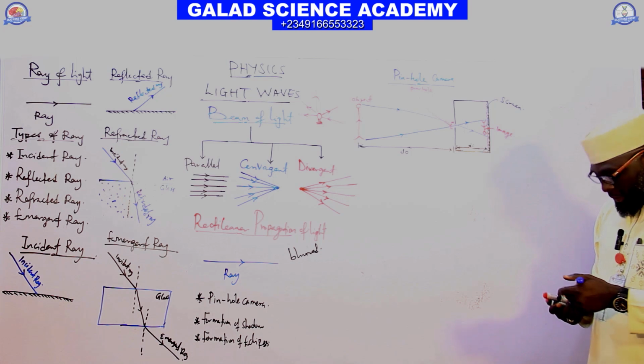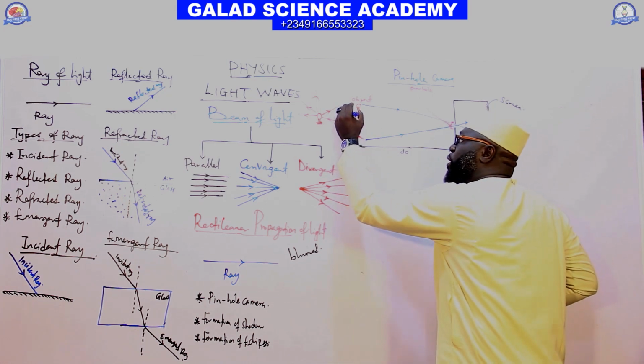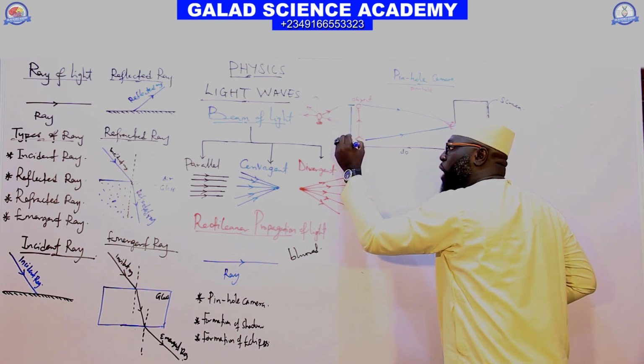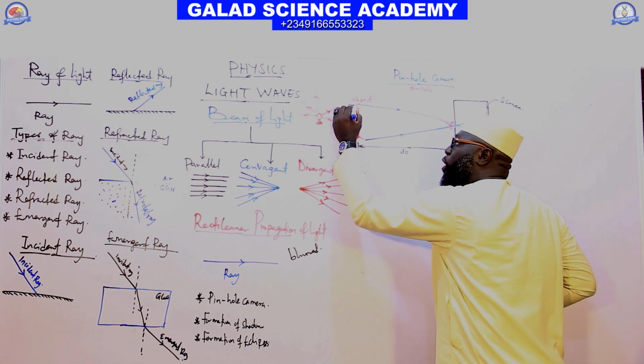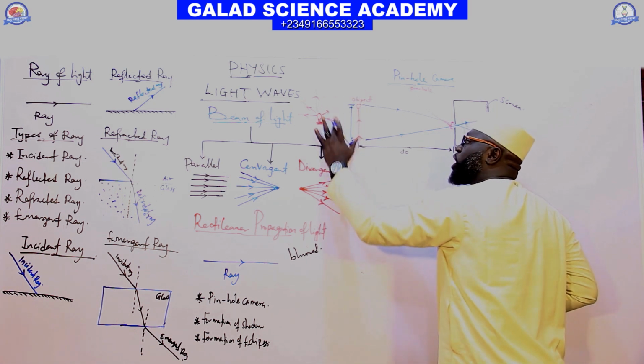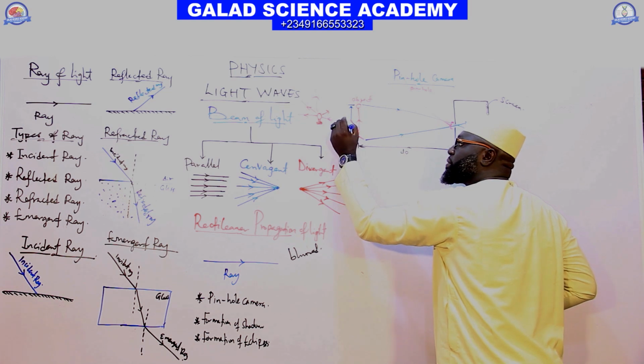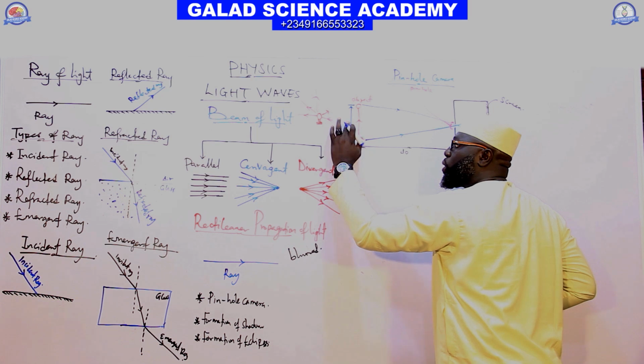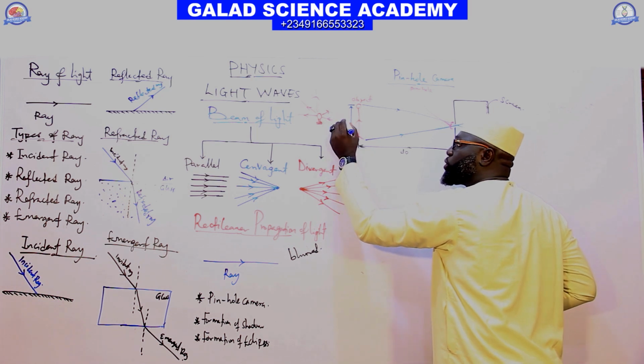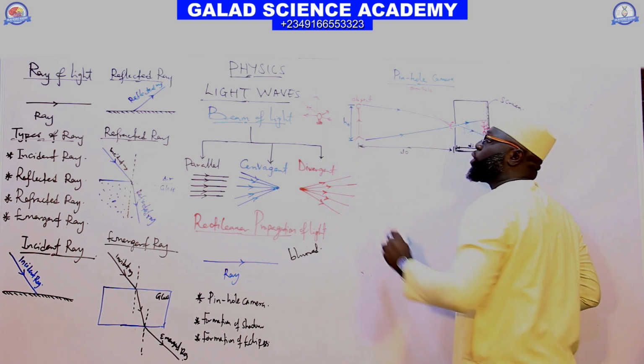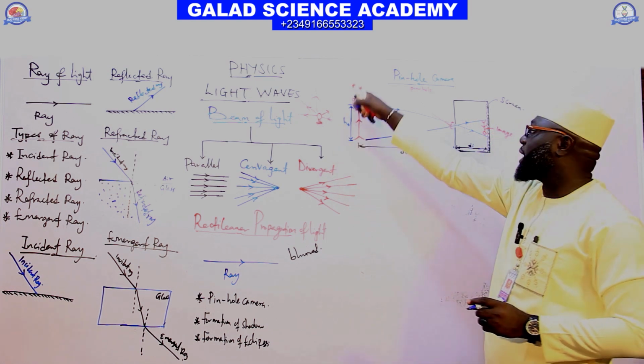So this man that is out there is what we call the object. And the distance from head to toe of the object, let us call it height, HO. This HO represents the object height.